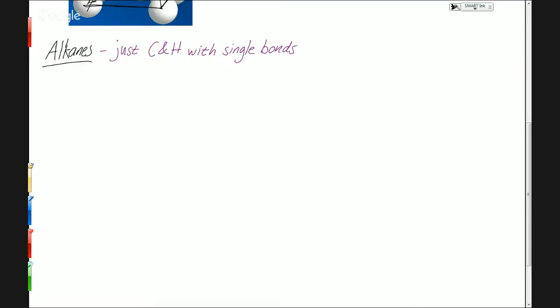So we're going to make ourselves a little chart here. We've got our formula, then our structure, and we'll leave a little room for this one because it's going to get a little big. Then we'll look at the name.